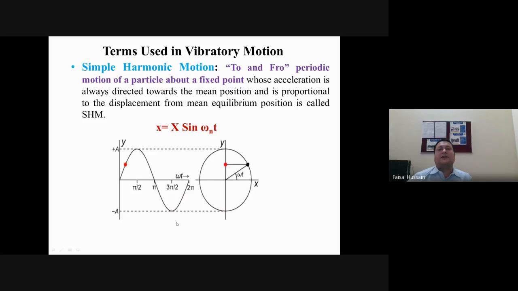If there is a to and fro periodic motion about a fixed point where the acceleration is always directed towards the mean position and it is proportional to the displacement from the mean position, then such type of motion is termed as simple harmonic motion. And the expression for simple harmonic motion is x equal to X sine omega n t, where X is the amplitude, omega n t is the angle.